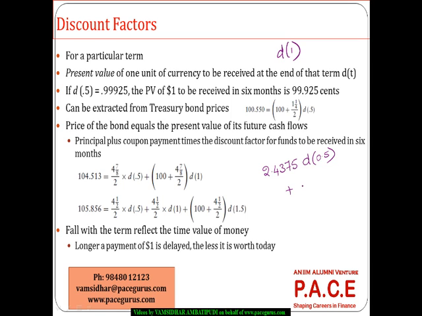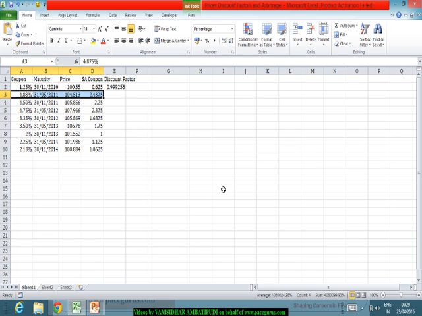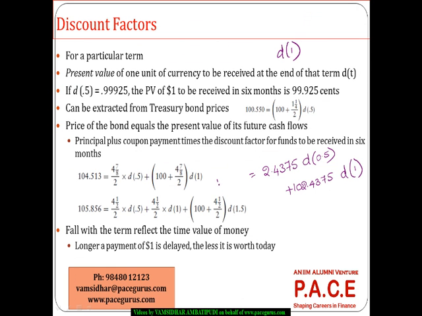And I would receive again 2.4375, and along with that a principal of 100 at the end of 1 year, because it's maturing in 1 year. So I am multiplying it with the discount factor for 1 year. This should be equal to the price of it, which is 104.513.